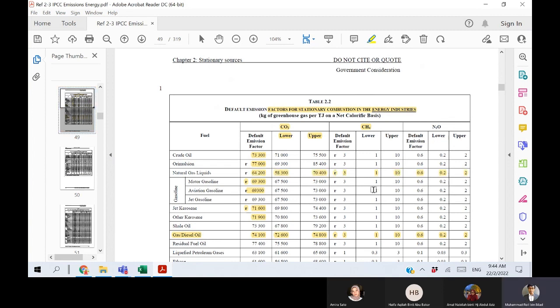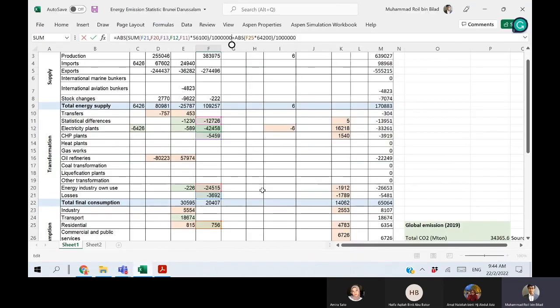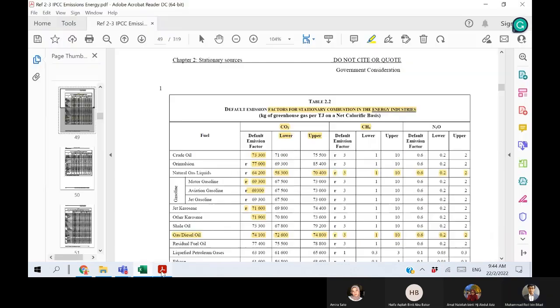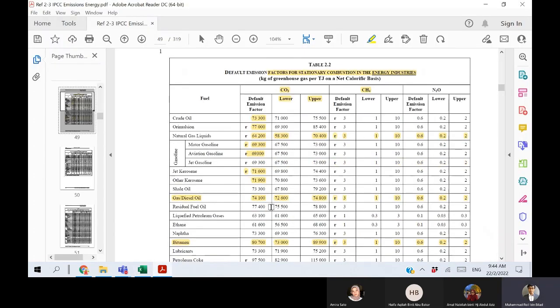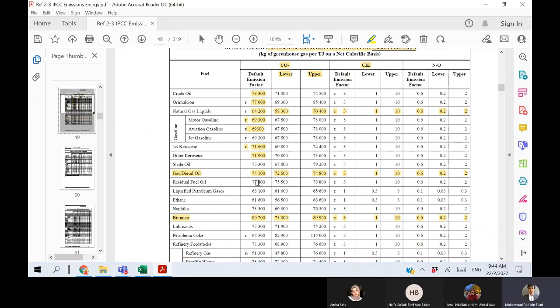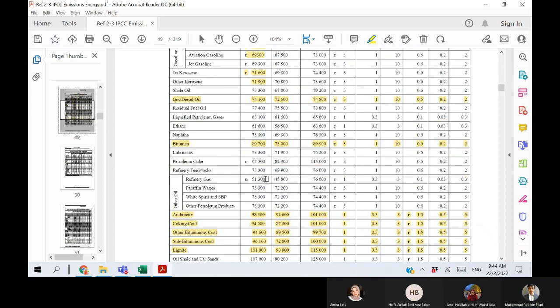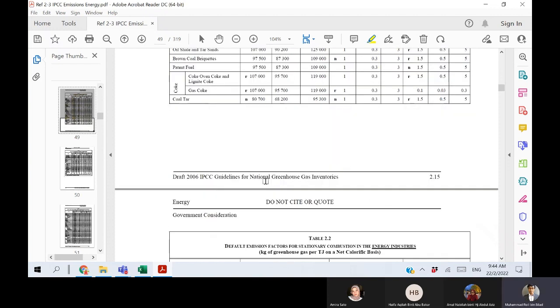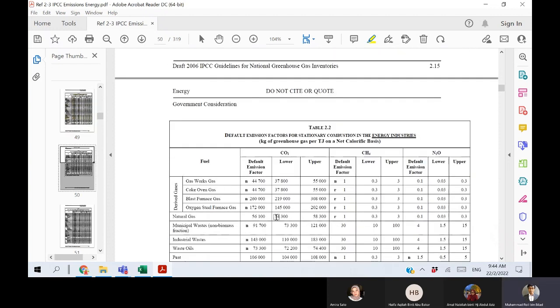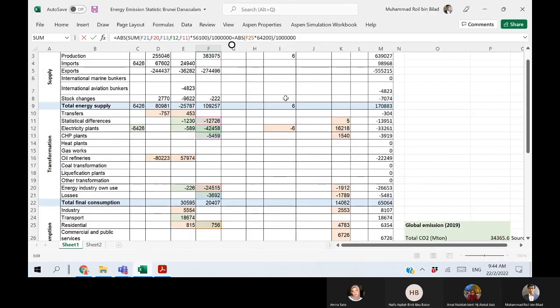Okay, natural gas, 64,200, that's correct. No, 56,100, which one? Gas is somewhere down here. Yeah, this one, natural gas. Okay, and remember we have one left, which is F25.